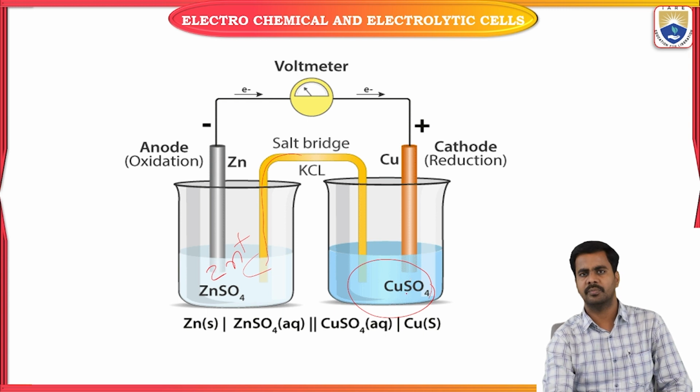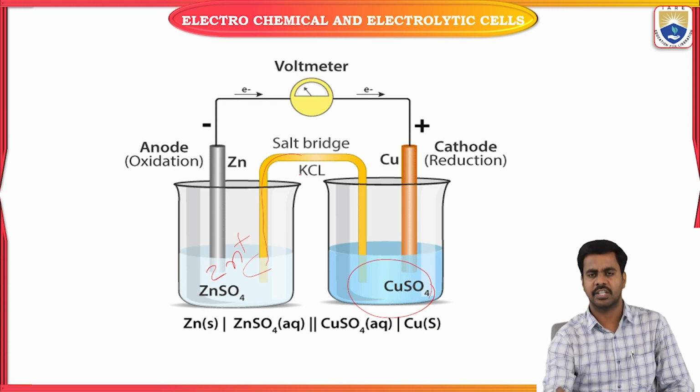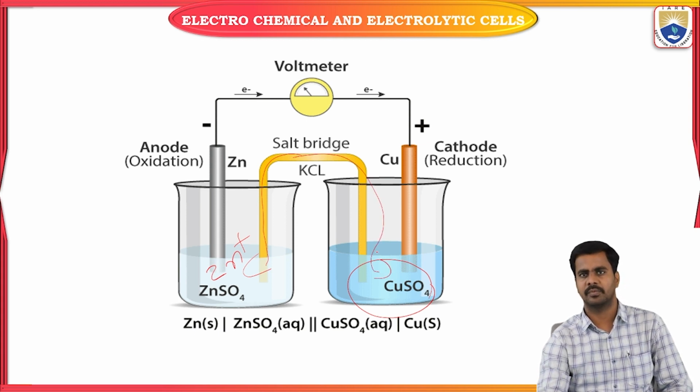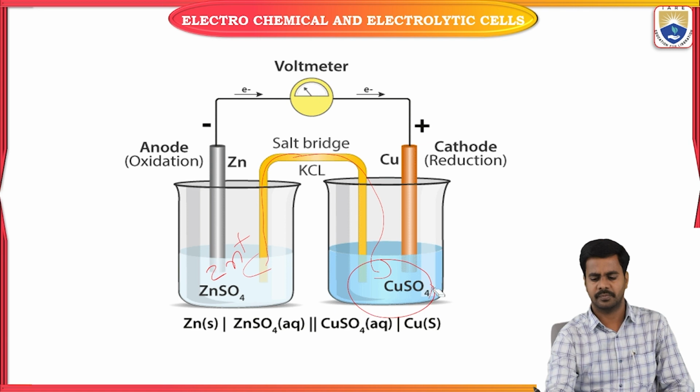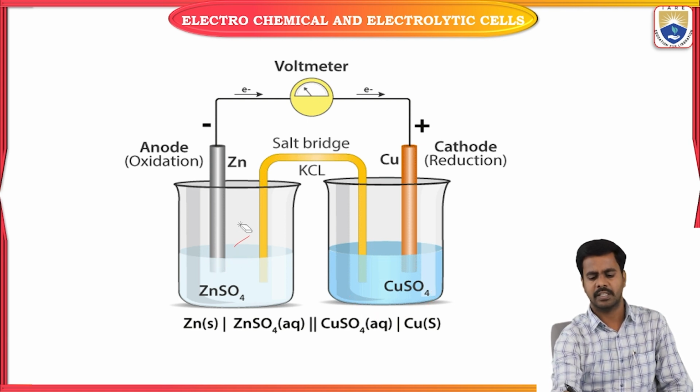This SO4 reacts with potassium coming from the salt bridge into the cathodic compartment, so that it is neutral. Due to the presence of the salt bridge, both compartments remain neutral. That is the major role of the salt bridge.